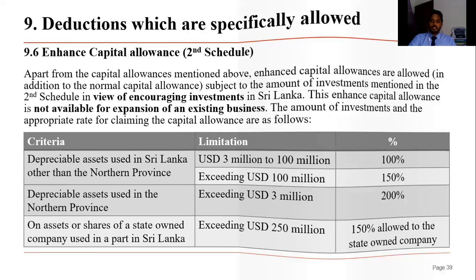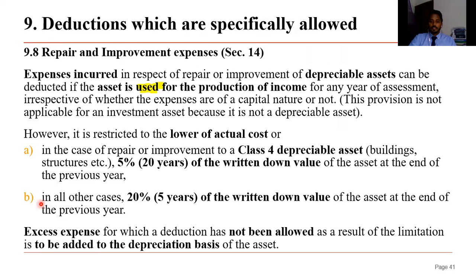Now you are clear. For a class 4 depreciable asset, building, structure, etc., it is 5%, that means 20 years, of the written down value of the asset at the end of the previous year. So it is the actual cost or 5% of the WDV of the asset at the end of the previous year.